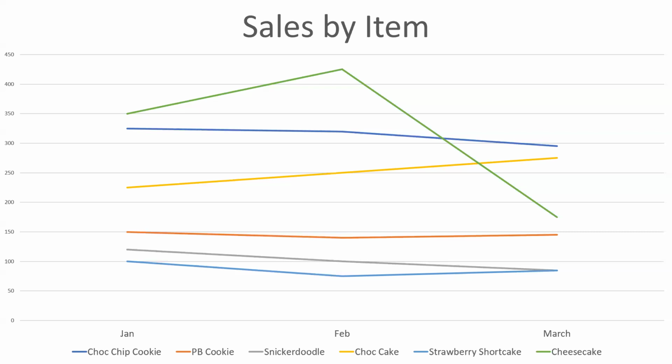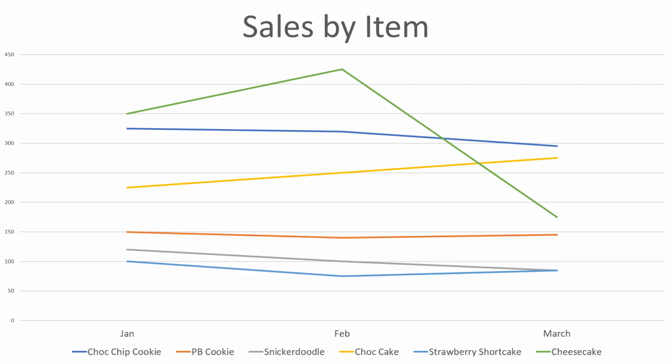The yellow line. And so we look down at the bottom, and what is the yellow line? Chocolate cake. Right? So this is called a line graph. And a line graph is really helpful to show trends in the data. So if you're looking at the year, or maybe every month of the year over the last couple of years, you can see that trend in the data.